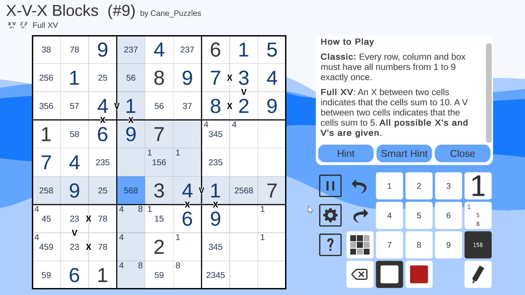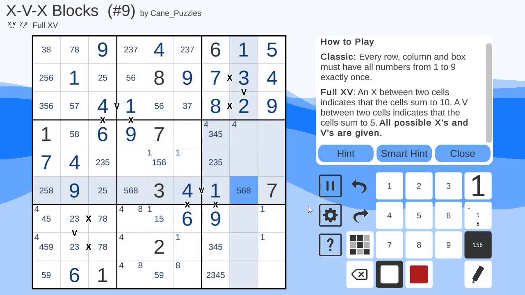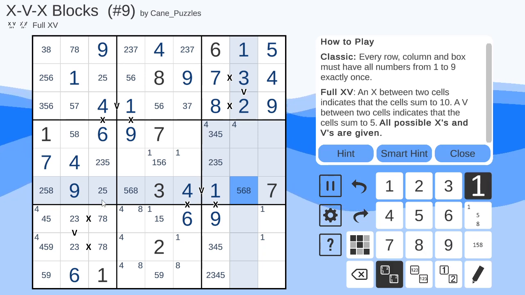Real quick, you cannot be a 2. 2's definitely here, then.